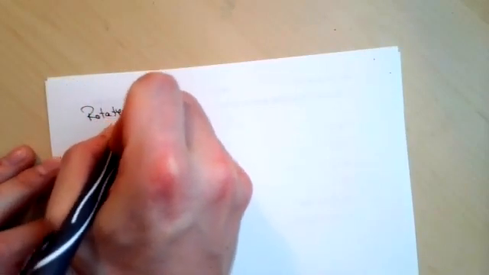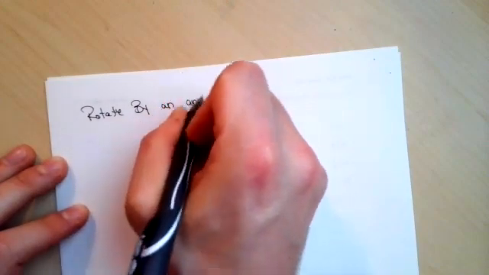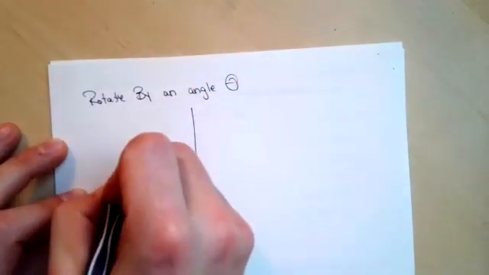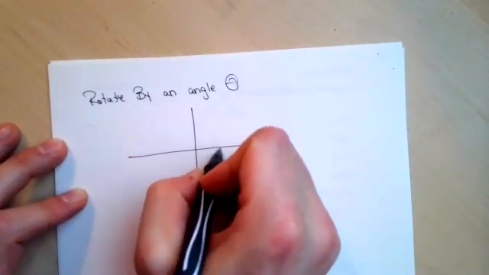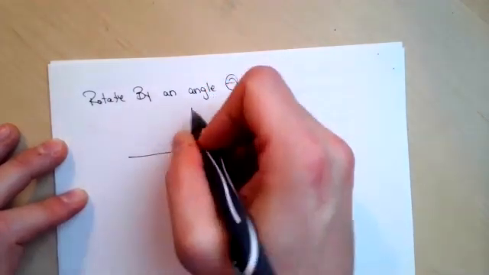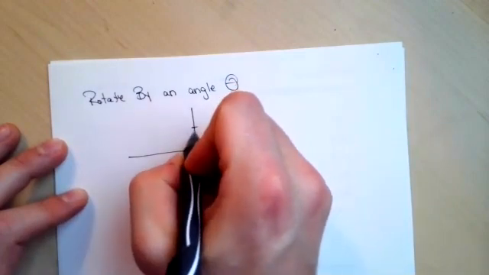Let's say we rotate by an angle theta. So we have our unit vector. Here's our E1 and our other unit vector pointing upward.